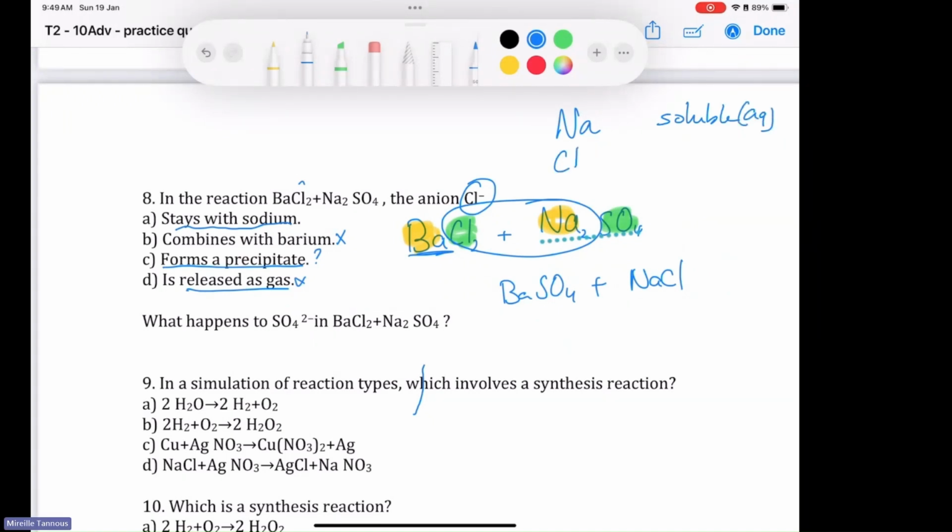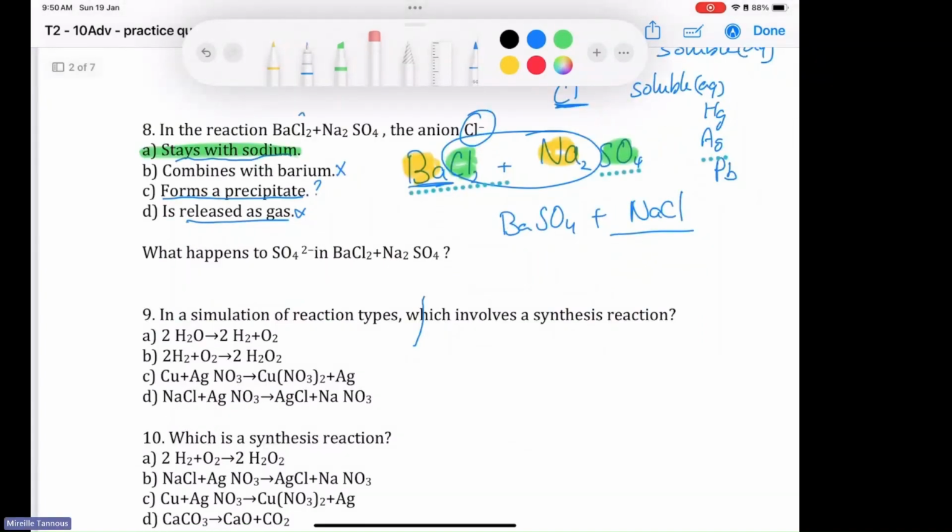And any compound containing the ion Cl minus is soluble, means aqueous, unless Cl combined with mercury, which is not the case, combined with silver, which is not the case, and combined with, I think, lead, which is not the case. So the correct answer is A.